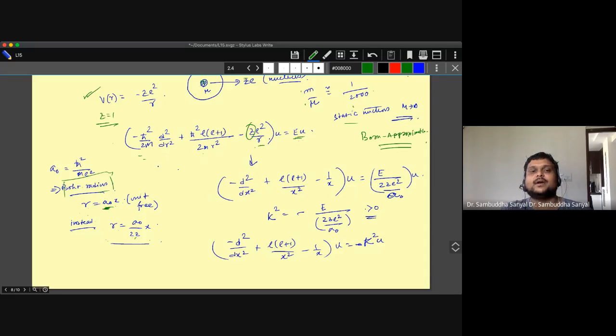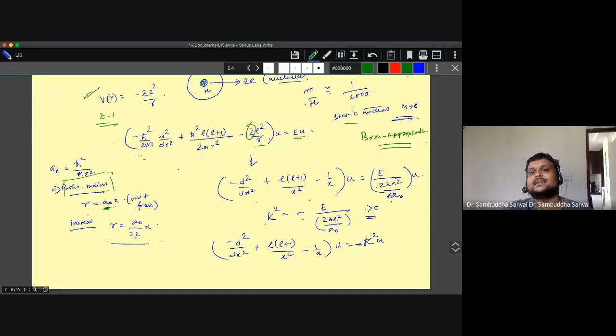So if I now put these things here, then in the x coordinate the Schrodinger equation will become this, and on this side I will get E by 2z squared E squared by a naught, which is a little weird expression of the energy, which I simplify by calling it kappa square.